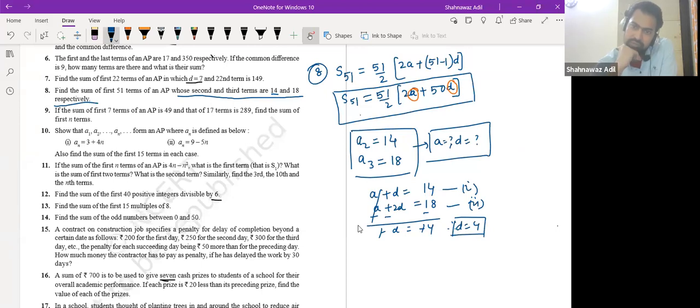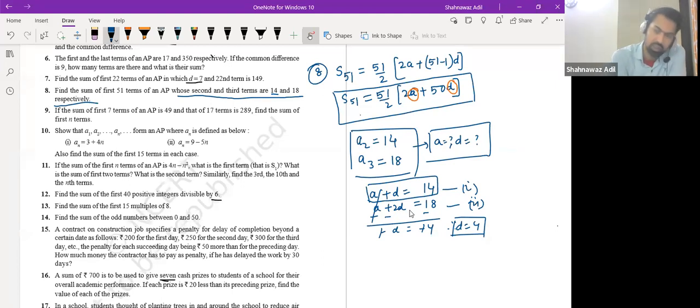To find A, we'll use a plus n minus 1 into d, or will we use the other one? Any of the equations you can use, right? Okay. A is equal to 10.